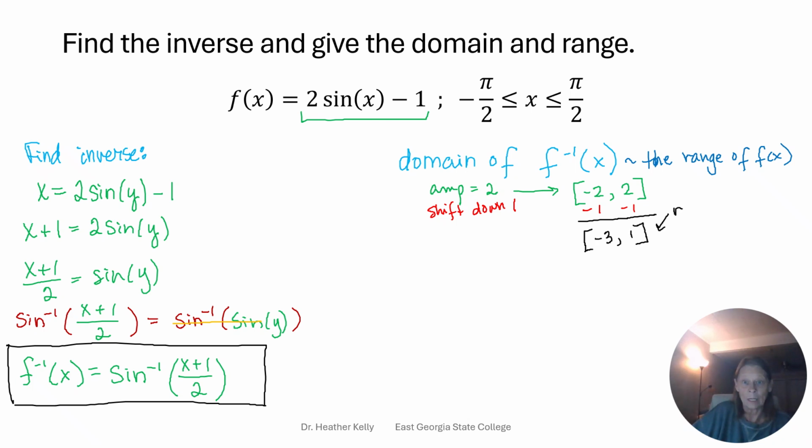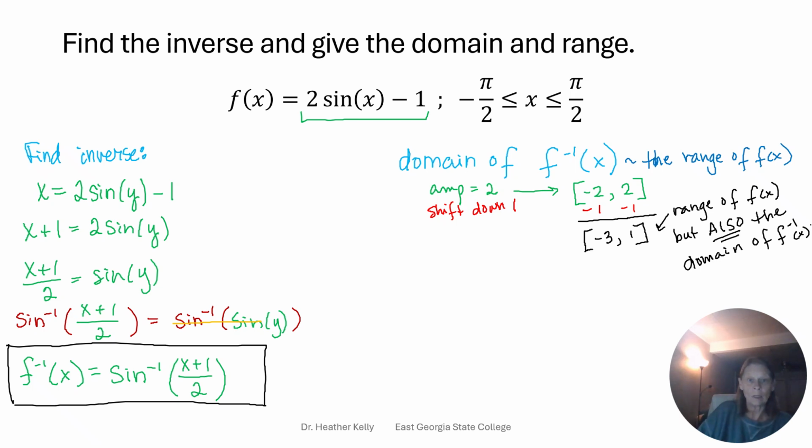This is the range of f of x, but also the domain of f inverse of x, which is what we were asked to find. So here is our domain of f inverse of x.